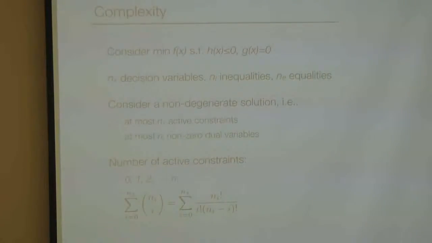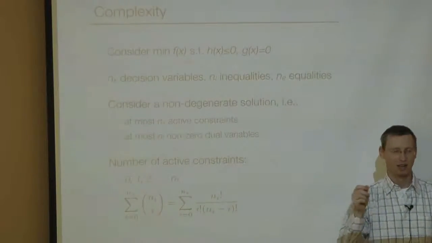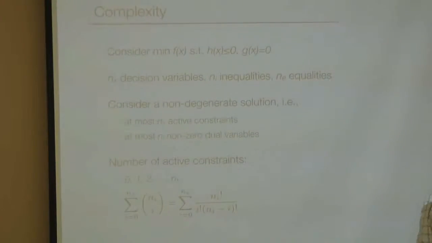In the worst case, the software needs to go through all combinations to find the optimal point. If the problem is non-convex, it needs really to go through all possible combinations. If the problem is convex, it tries one combination after the other, stopping once all Karush-Kuhn-Tucker conditions are satisfied. But it can also be the very last combination of active constraints that the software explores that is satisfied. So the complexity of the Karush-Kuhn-Tucker method is directly proportional to the number of active constraint combinations that we need to consider.